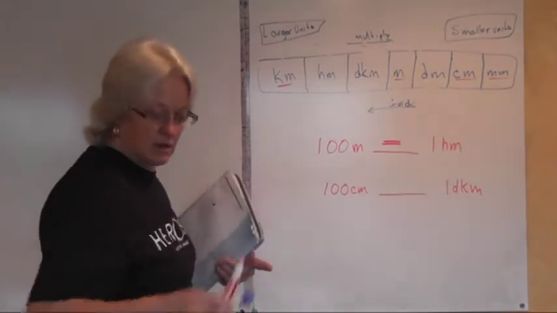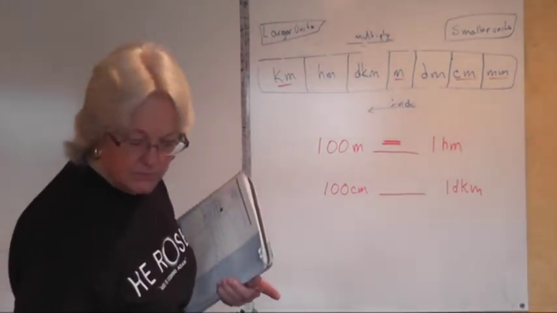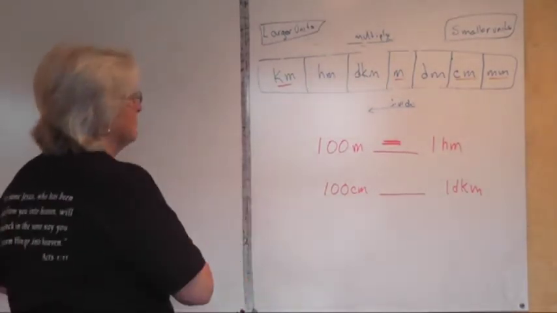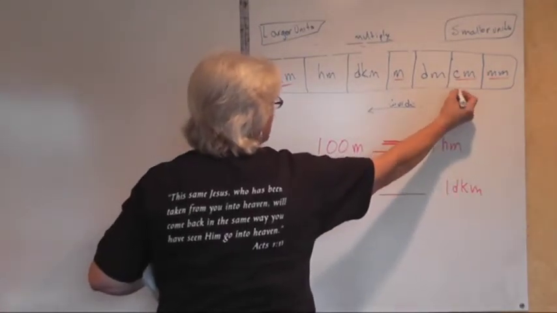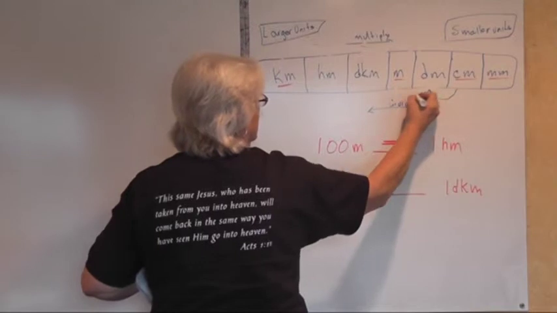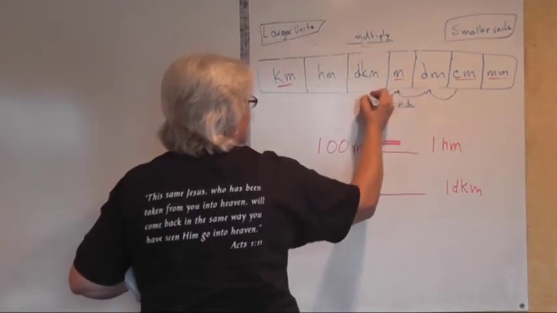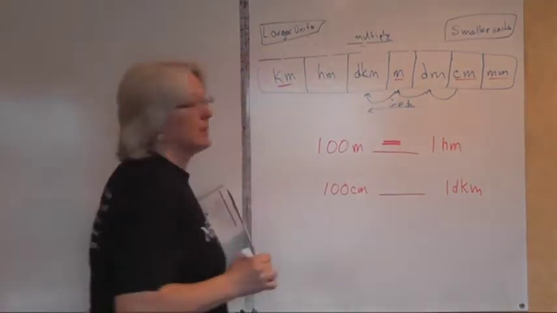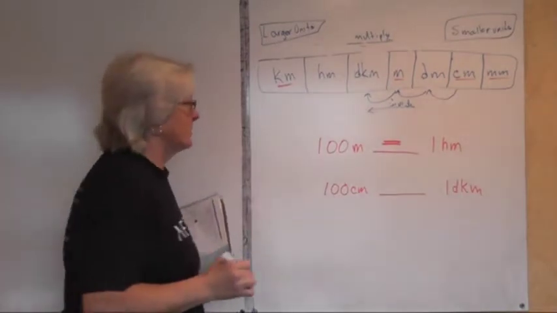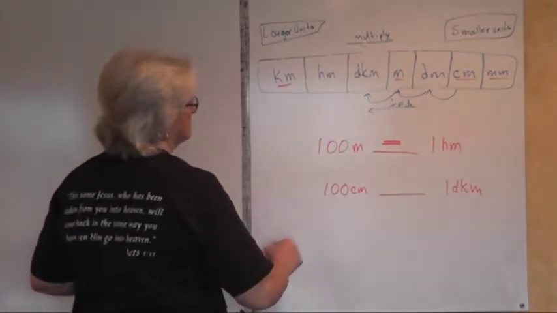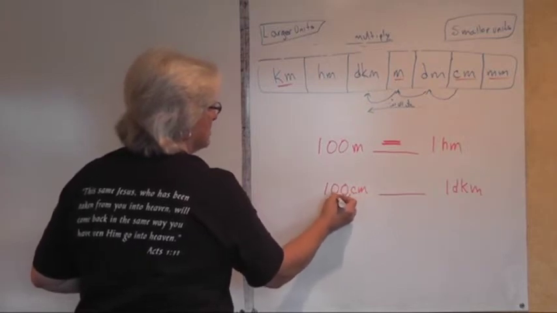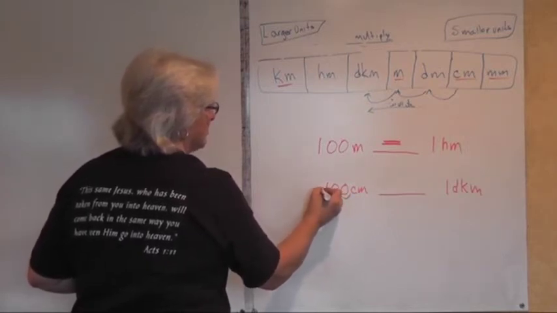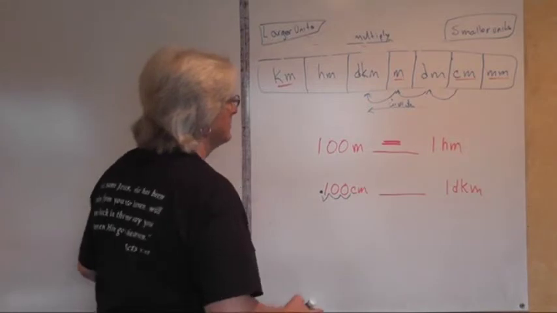We're going to start with 100 centimeters, and we're going to move 1 space, 2 spaces, 3 spaces to the left. So we need to move our decimal point in 100 centimeters 1, 2, 3 places to the left.